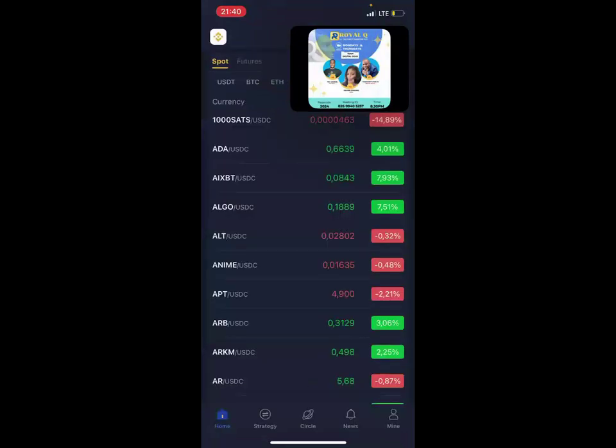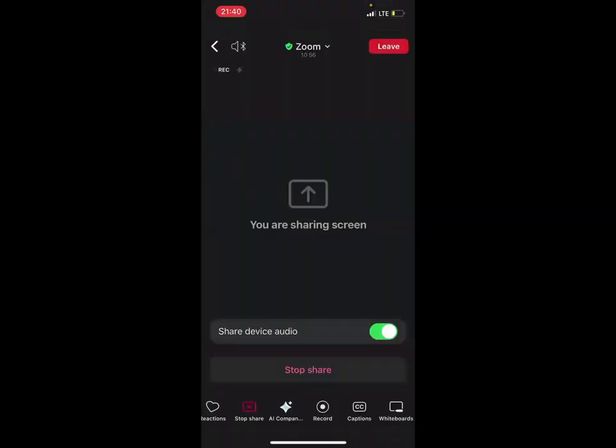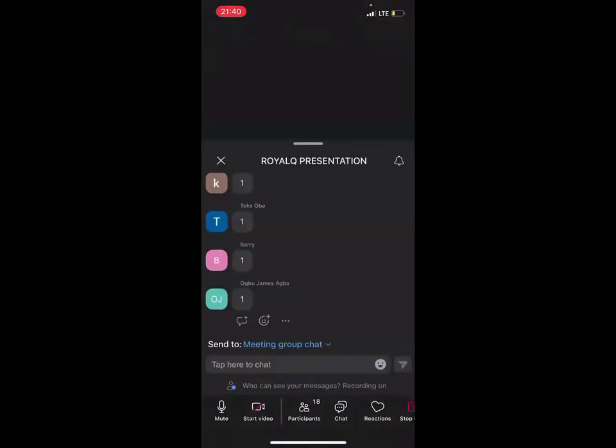So here we are. If you have any coin in mind, up till now I don't see anything in the chat box, but if there isn't any, we'll just pick a random pair for the presentation.